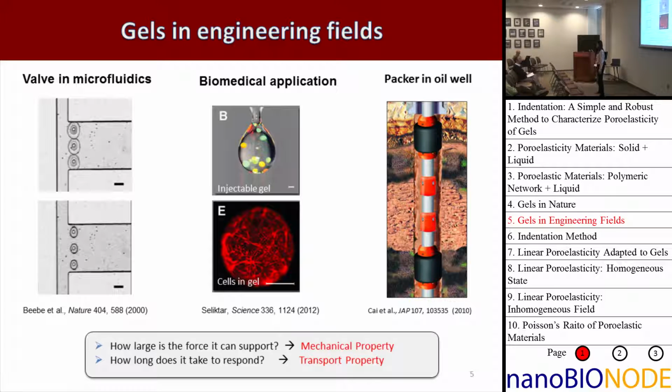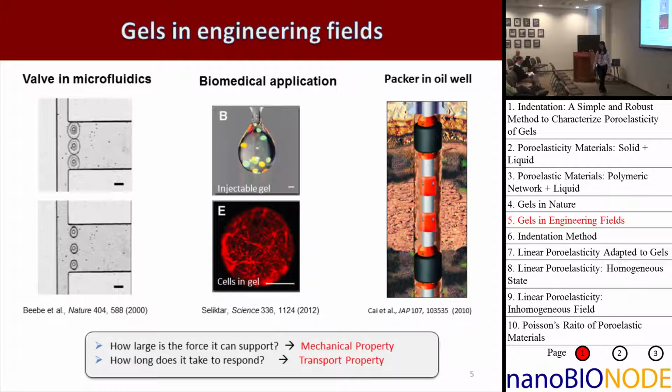In larger length scales, gel is also used in large-scale engineering fields. For example, here, people use swellable elastomers, called swellable packers, to seal the oil well.